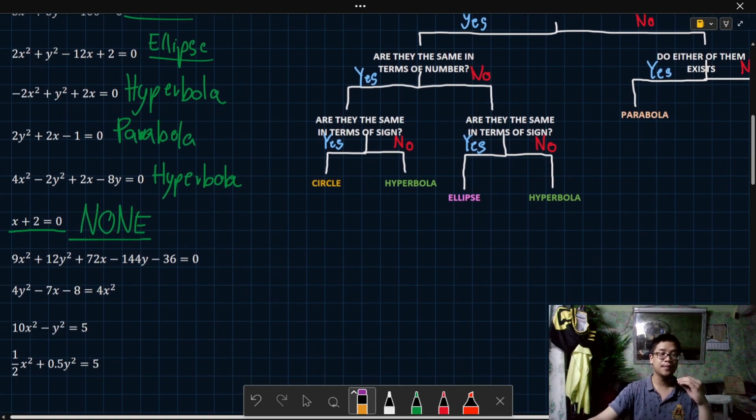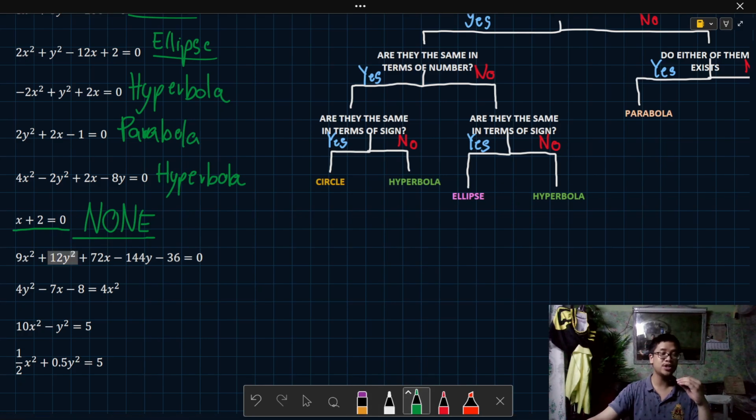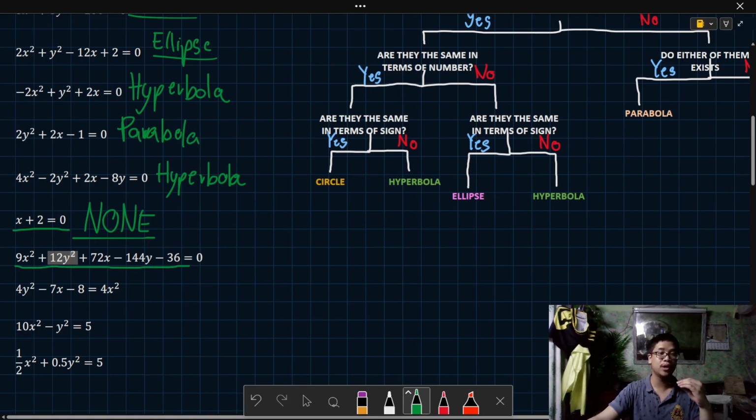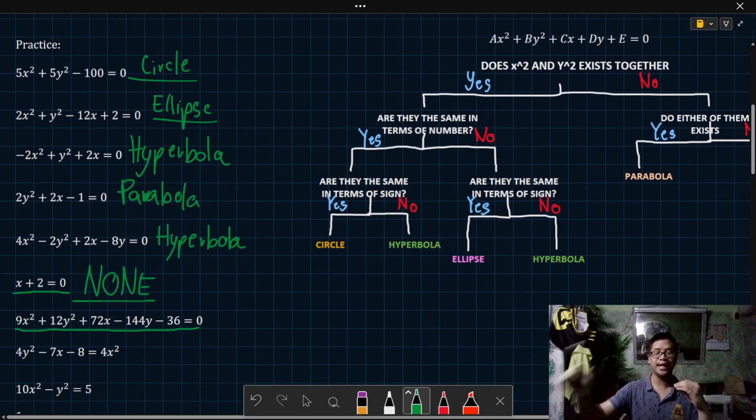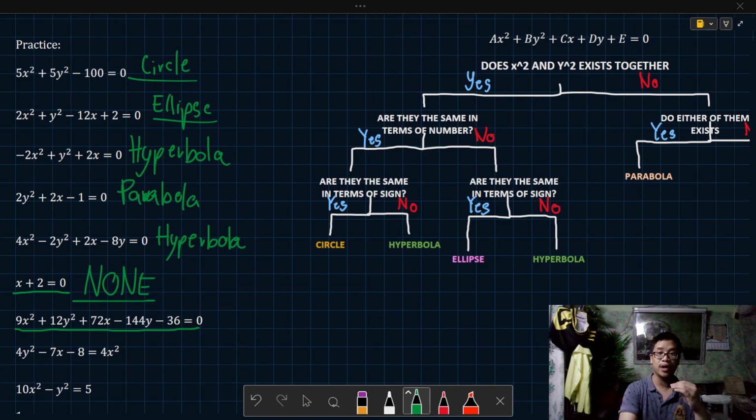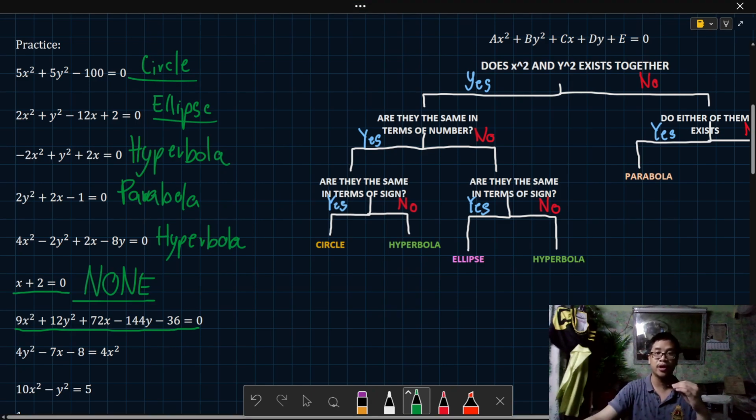So we have this one: 9x squared plus 12y squared plus 72x minus 144y minus 36 is equal to 0. Again, first question: does x squared and y squared exist together? We have 9x squared and 12y squared, so the answer is yes.